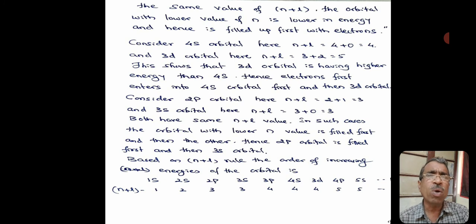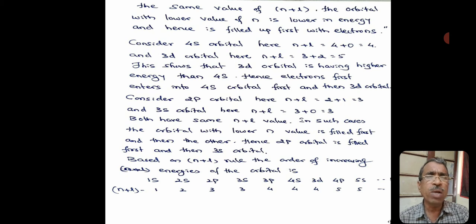Consider the 2p orbital. Here n plus l is equal to 2 plus 1, which is 3. And the 3s orbital: here n plus l is equal to 3 plus 0, which is 3. Both have the same n plus l value. In such cases, the orbital with the lower n value is filled first and then the other.